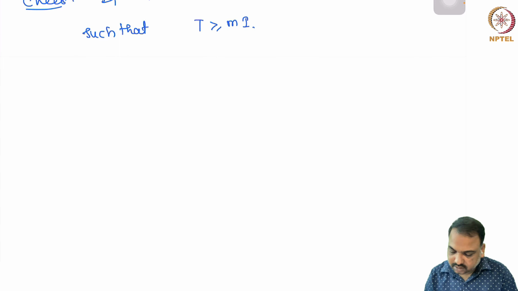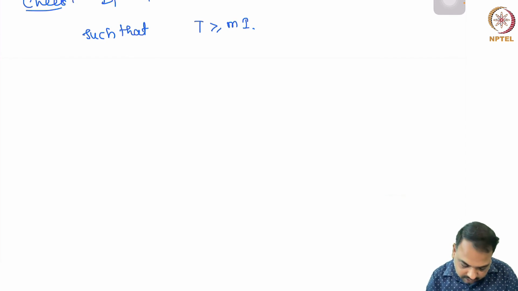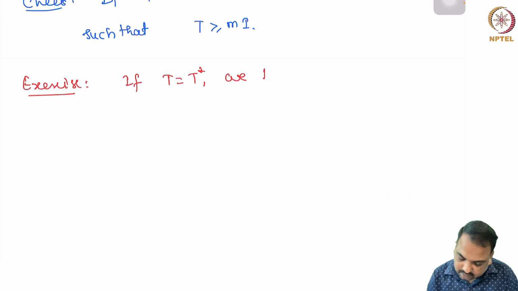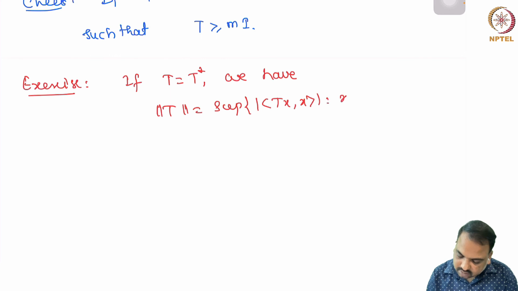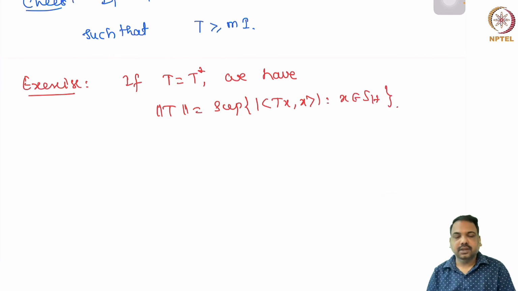So one more important piece of information: if T is self-adjoint, we know that norm T is the supremum of modulus of inner product Tx with x, where x is coming from the unit sphere, right?